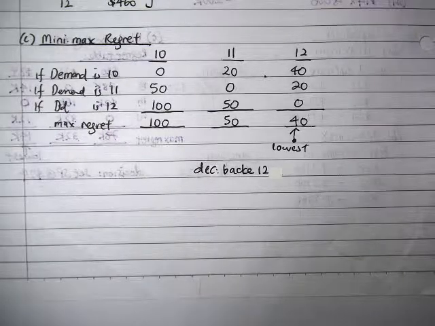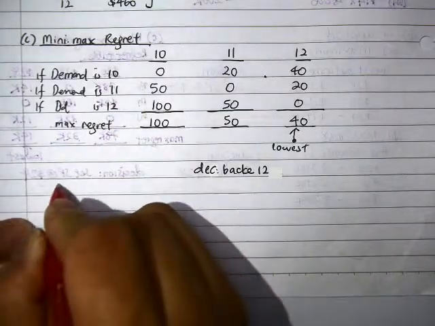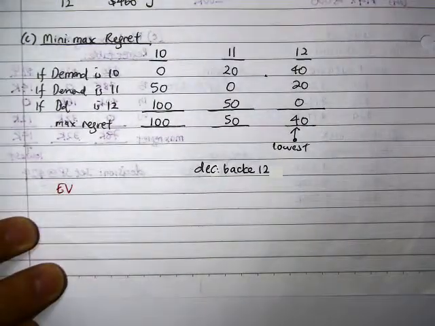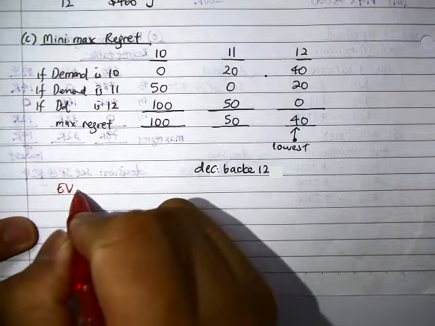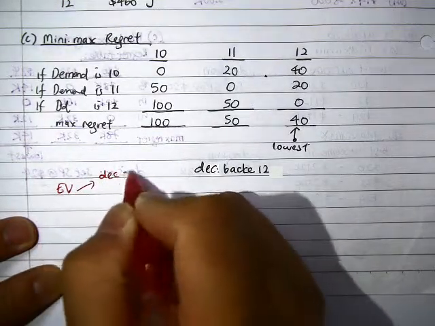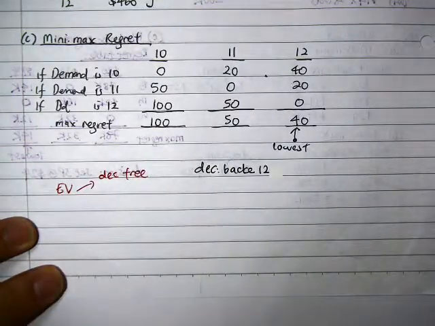Okay, so this is how we apply decision rules. Calculation wise, we only look at expected value. When we talk about expected value, we also need to learn decision tree, which we covered.